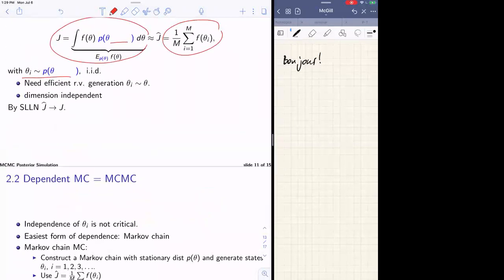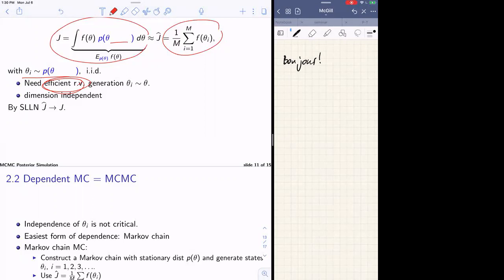Now, that doesn't solve anything, because all we have done is replace the integration problem by another problem: the problem of efficient random variate generation. If the posterior is not something well known and easy to recognize, it's probably not so easy to generate random draws from the blue distribution by computer simulation. So it really hasn't solved anything. It has just changed the problem.